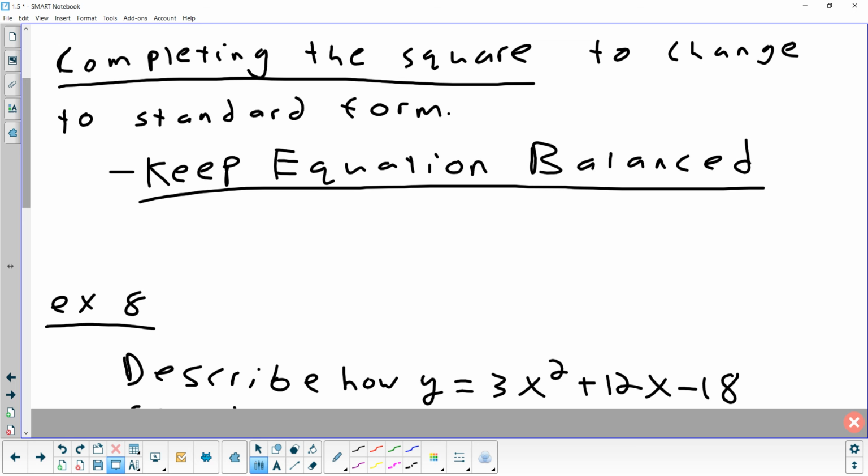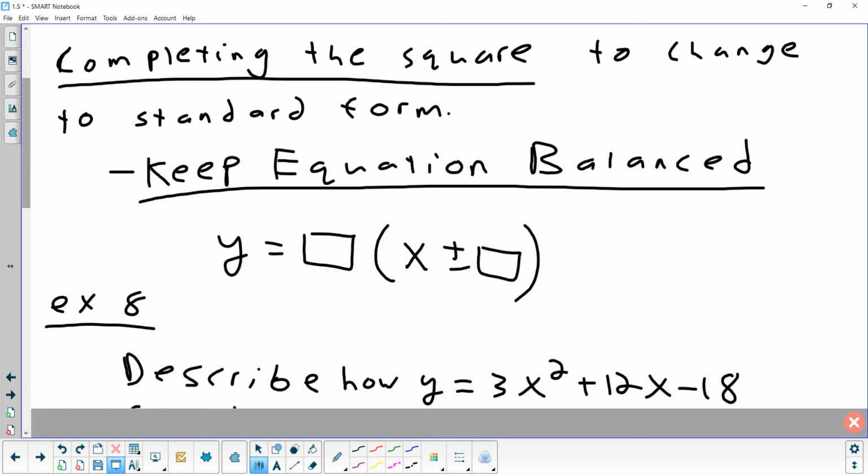So, the first one we're going to look at is 3x squared plus 12x minus 18. That's not how we want it written at all. We need to make that look more like this: number in front, x plus or minus something, squared. I need to see what the numbers are in those boxes.